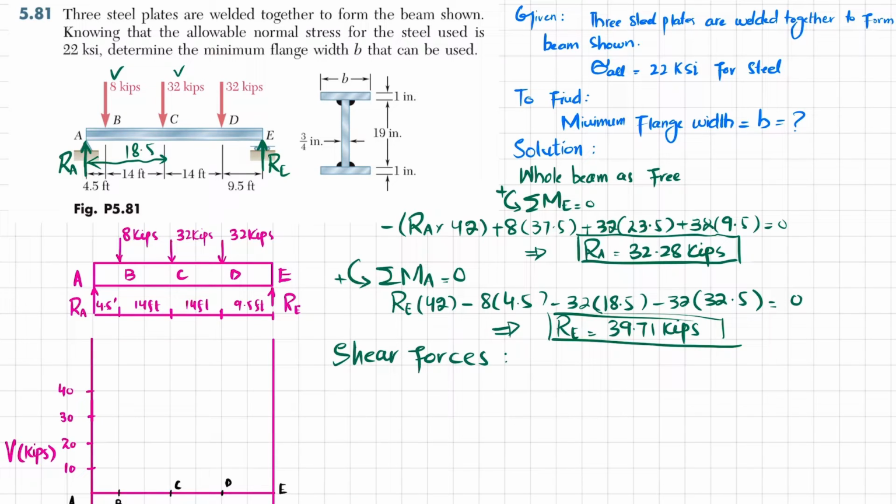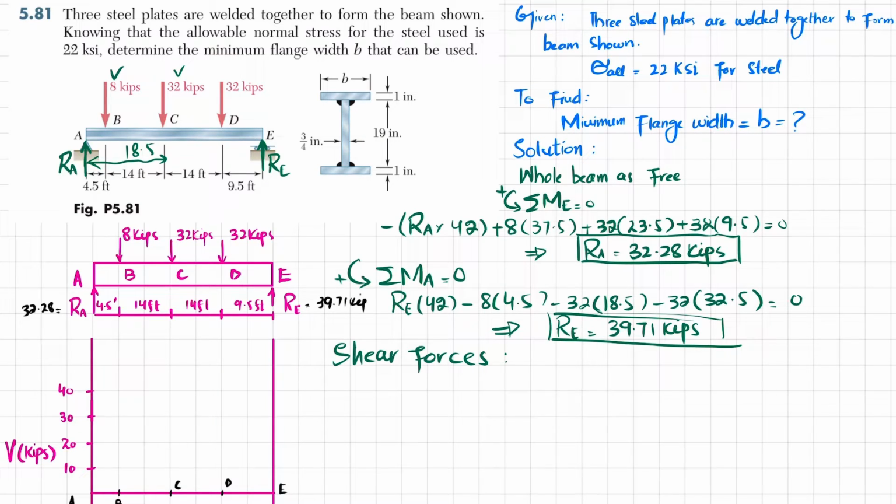So you can see that RA is equal to 32.28 kips and RE is equal to 39.71 kips.